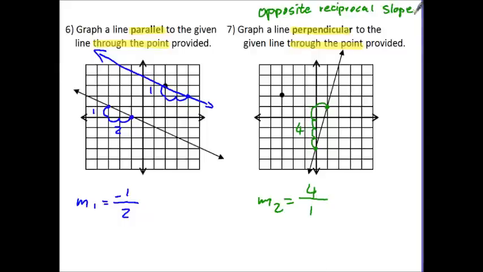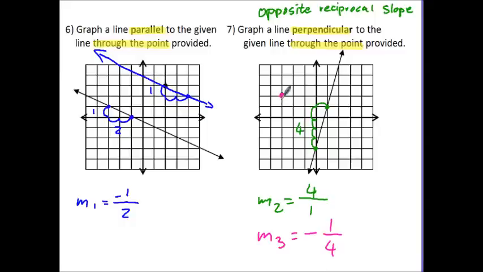So the slope of the line that we're now looking for has to be negative, since this one is positive, and we are flipping our fraction, -1/4. Well then, let's find a second point so we can go ahead and graph our line, starting with our point here.